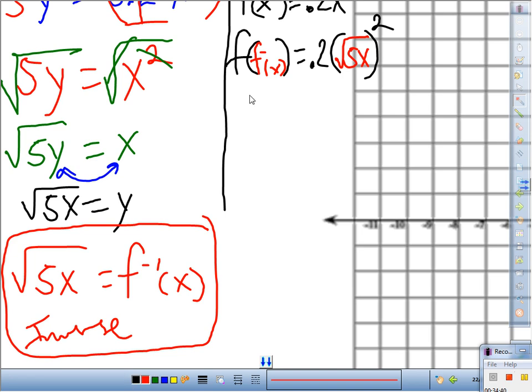All right. Let's see. F of f inverse of x equals... The squared cancels the square root, doesn't it? Yes, this cancels that. So we're left with 0.2 times 5x, so that's what? 1x.